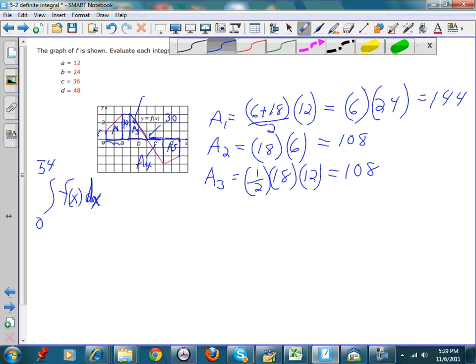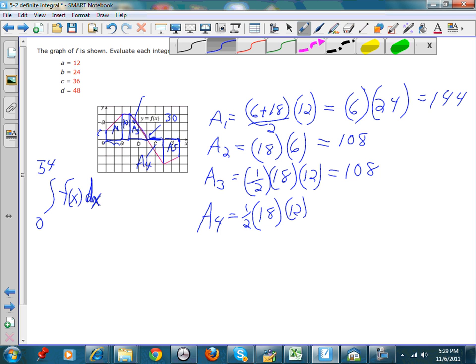So you can see this whole problem is going to fall apart pretty quickly. Let's look at A4 though. It's a triangle, and the height is 18, and the width is 12, 1/2 of that.